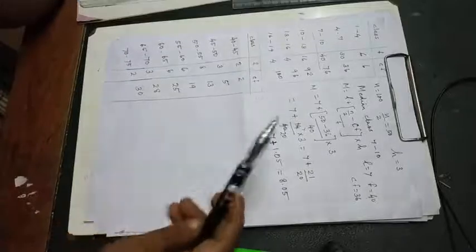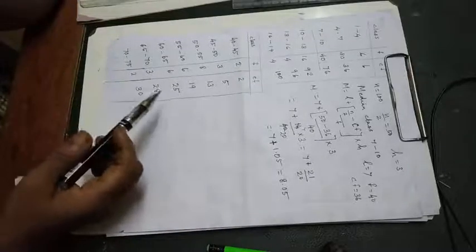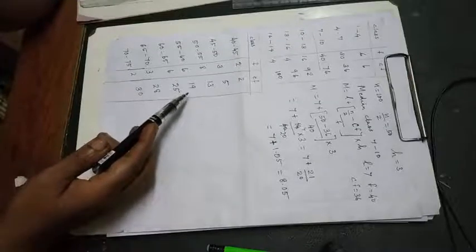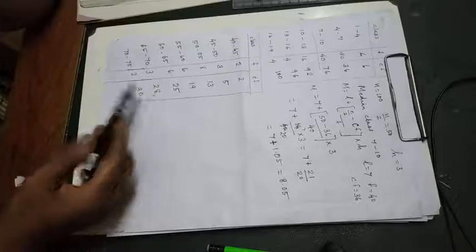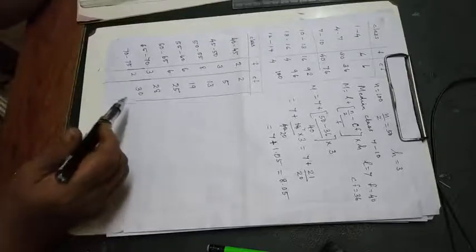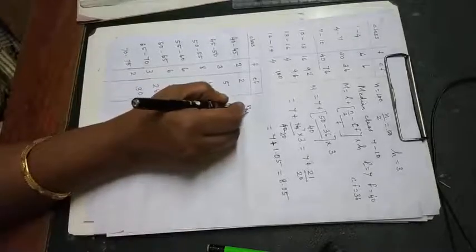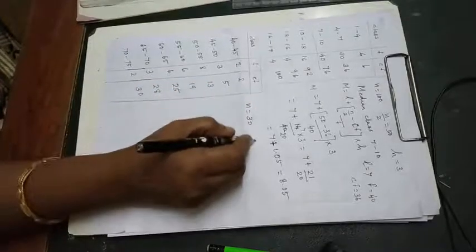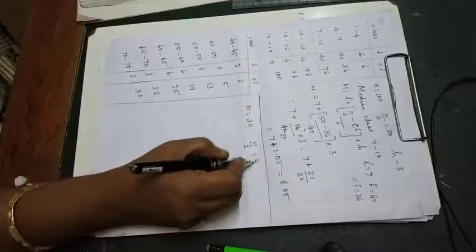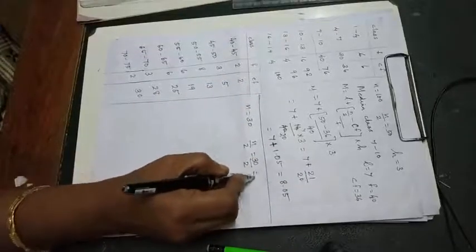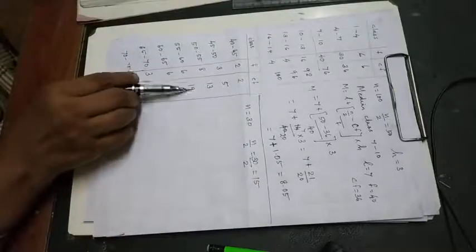First one 2, then 2 plus 3 is 5, then 5 plus 8 is 13, 13 plus 6 is 19, 19 plus 6 is 25, 25 plus 3 is 28, and 28 plus 2 is 30. Now our n is equal to 30, so n by 2 is 30 divided by 2, that is 15. So 15 will come in this one.